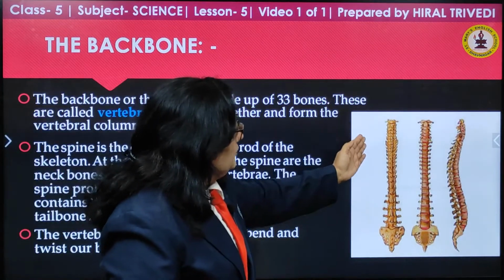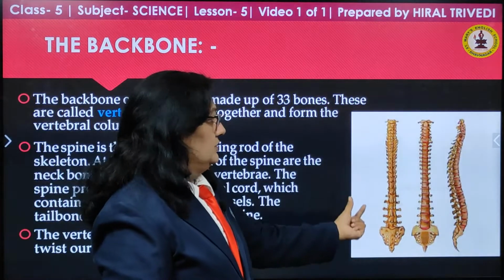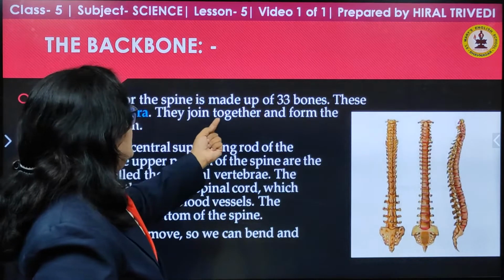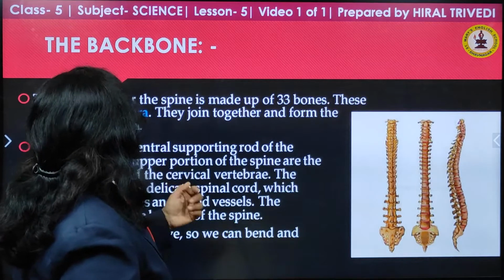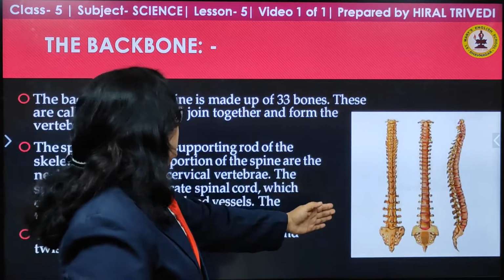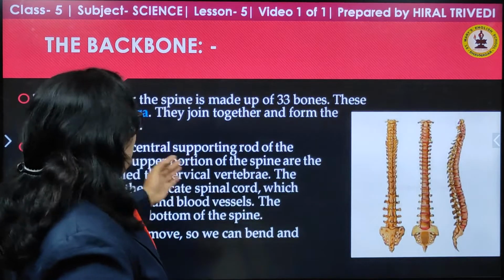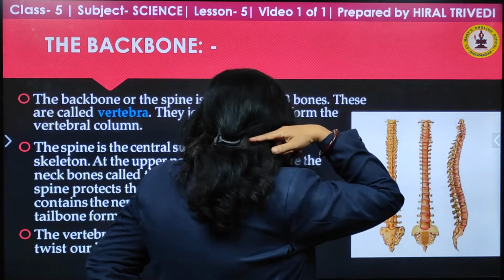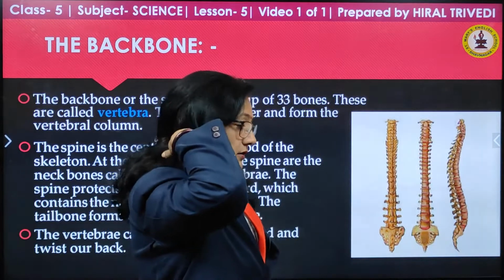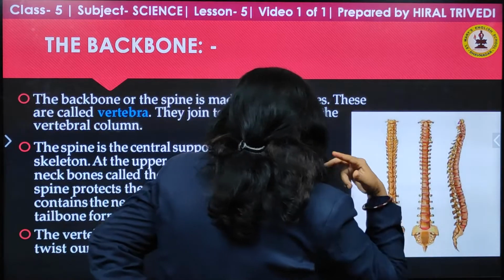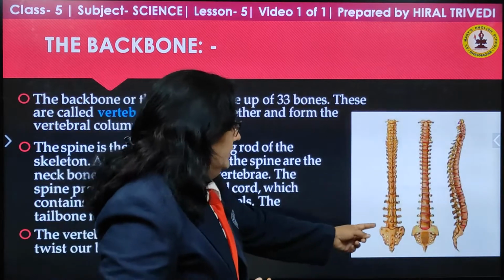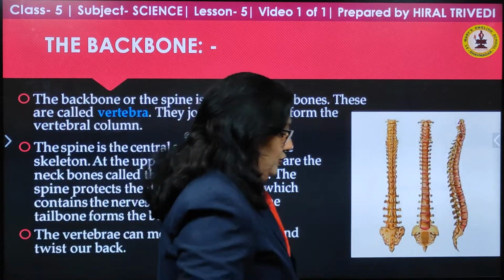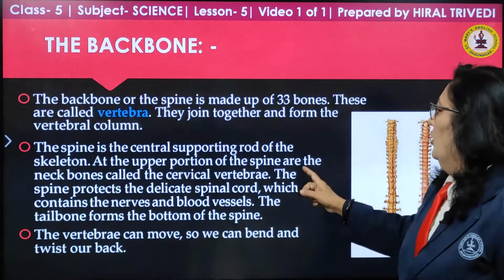Then if we take the spinal cord, it is straight. Can you see? See here, the backbone of the spine is made up of 33 bones. These are called vertebrae. Altogether they form the vertebral column. It starts from the neck and ends at the back here. So, the spine is the central supporting rod of the skeleton.